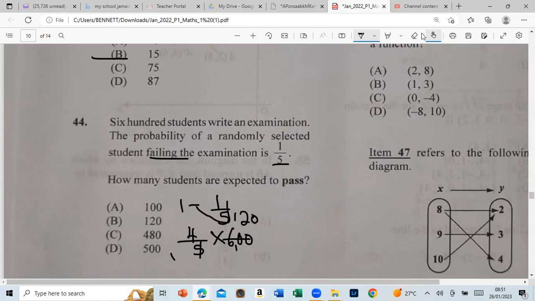But remember, we have to multiply it by 4. So that will give us 480. So our final answer for that one is 480. So 120 students are expected to fail, while 480 are expected to pass.